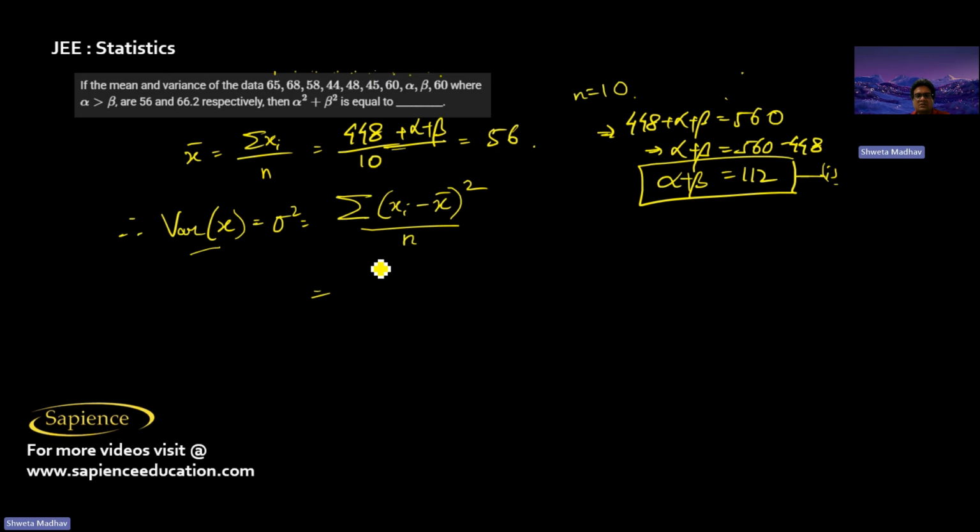This will be 65, the mean as you know is 56. So 65 minus 56 square we have to go. So that is 9 square. 68 minus 56 that is 12 square. Plus 58 minus 56 so 2 square plus 44 minus 56 that is also 12 square.